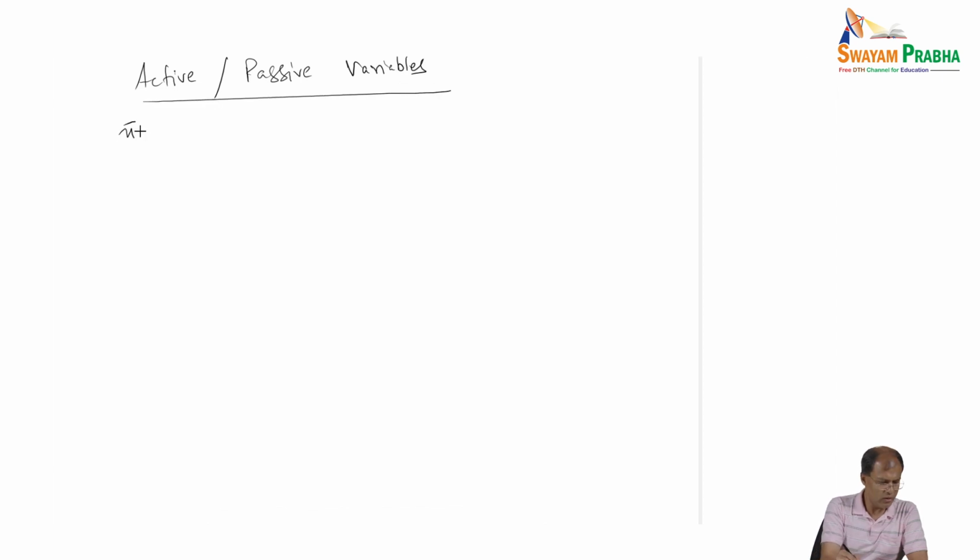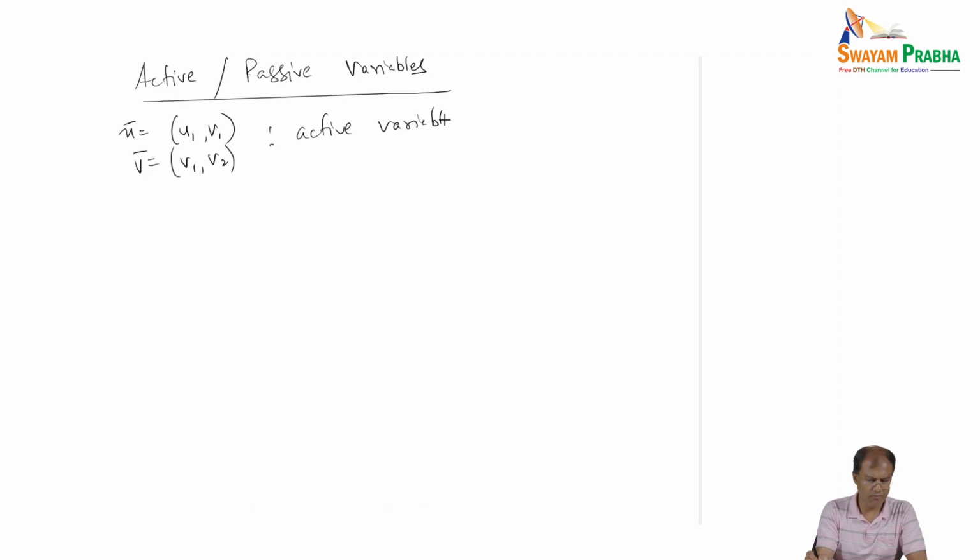Suppose u is a function of u1, and u is this vector u1, u2, and v is v1, v2. These are my active variables, which are transformed. The additional variables are not transformed.